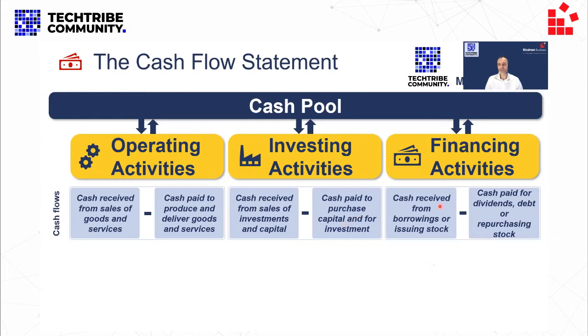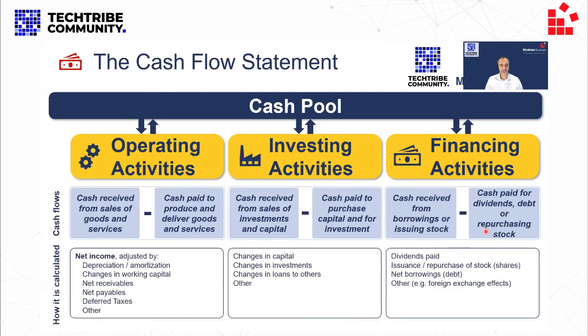And the financing activities, that's cash received from borrowings or by issuing shares. The Americans talk about issuing stock in your business, but it's really issuing shares, minus cash paid for dividends, debt, or repurchasing stock. So those are all the things that can influence the cash in a business.